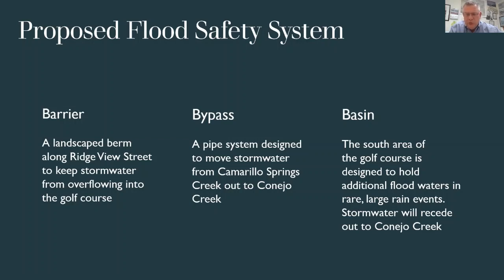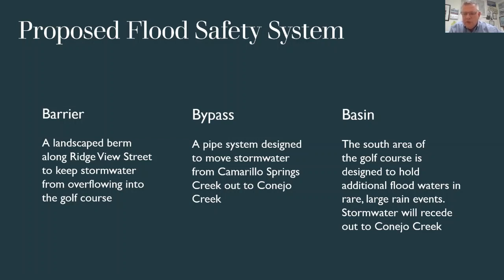And we do want the smaller flows because we want to capture those to keep the lakes full, to store water for irrigation, and to allow water to infiltrate into the groundwater aquifer. So 1 is the barrier, 2 is the bypass, and then 3 is the basin. And the basin is using the south golf course area to hold floodwaters that were previously held in the north golf area where the homes are.